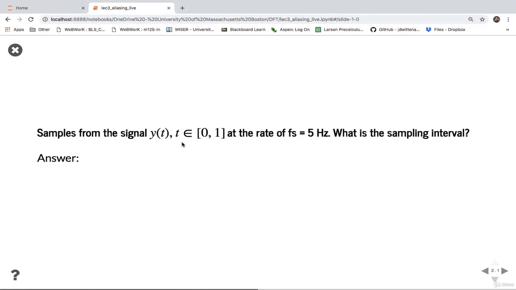Okay, so suppose I want to sample a function from 0 to 1. So this is a 1 second interval. And we want to sample at the rate of 5 hertz. The question here is, what is the sampling interval? In other words, how far apart is each of those time samples?